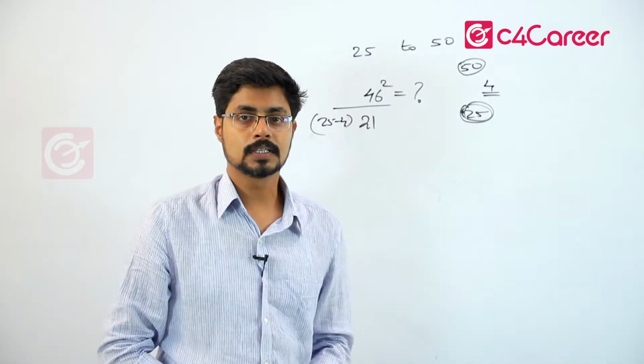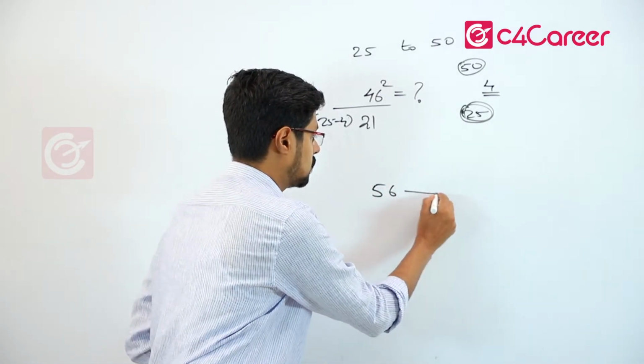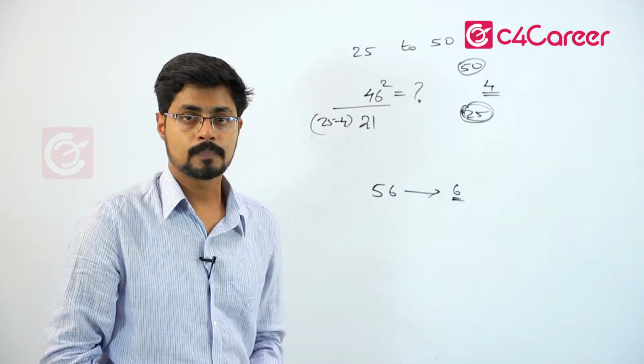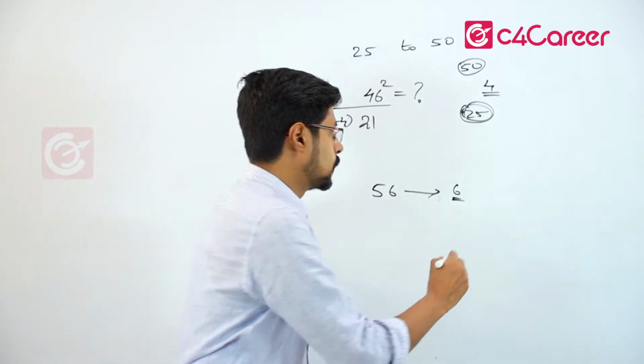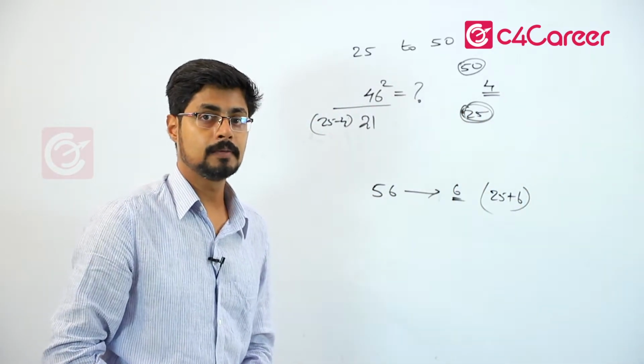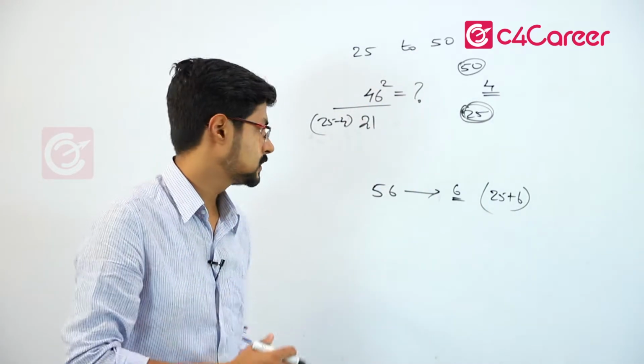So just try to understand the difference here. In the previous section we have done 56 square. The difference from 50 was 6. So we added this difference to 25. We did 25 plus 6. But now our numbers are less than 50.